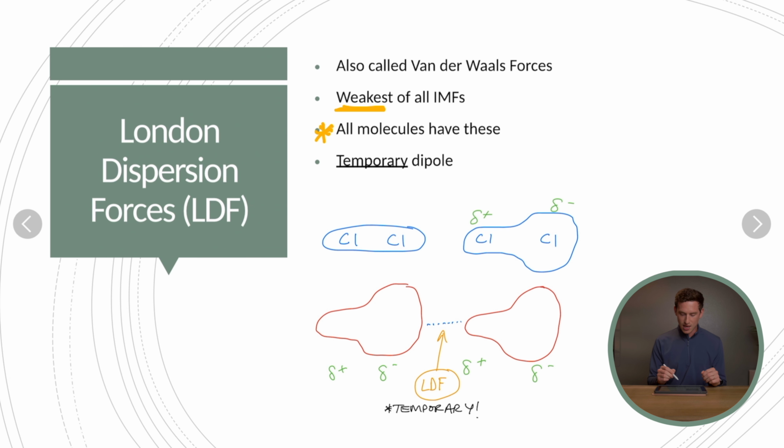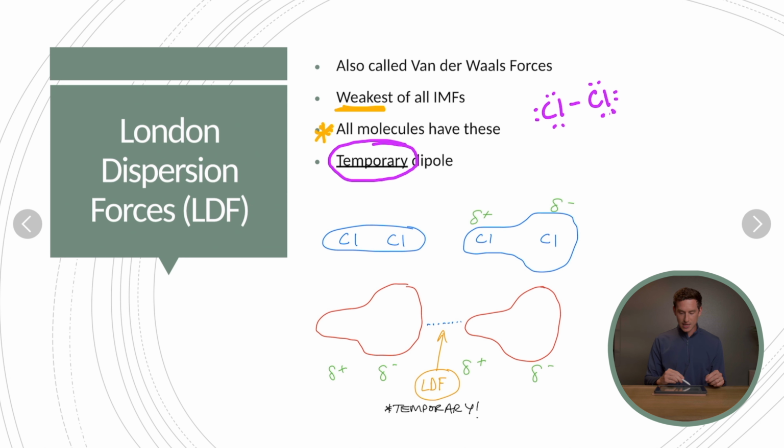The biggest thing between an LDF and dipole-dipole is that the dipole, which remember is the unequal sharing of electrons, is temporary. So for example, I've got some pictures here. Let me explain them to you. I've got two chlorines bonded together. If I look at the Lewis structure of chlorine, it looks like this.